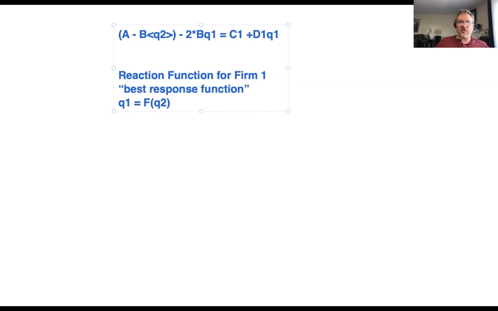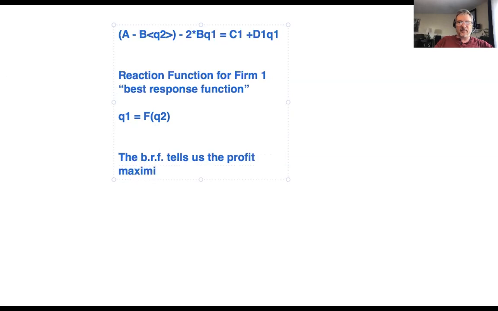So what it tells you, I'll call it the best response function, tells us the profit maximizing level of output, because we've been doing profit maximization this whole time, right?